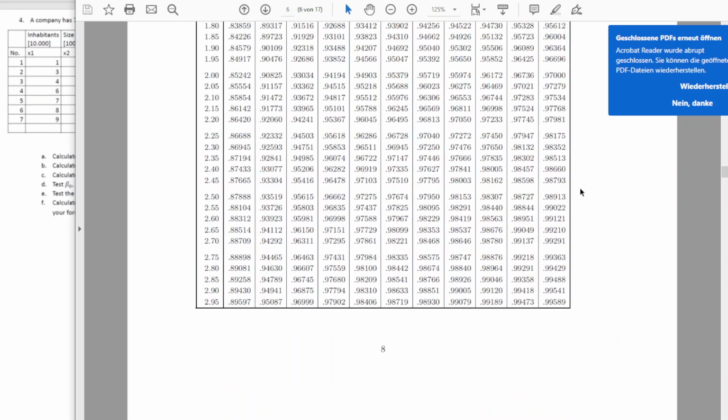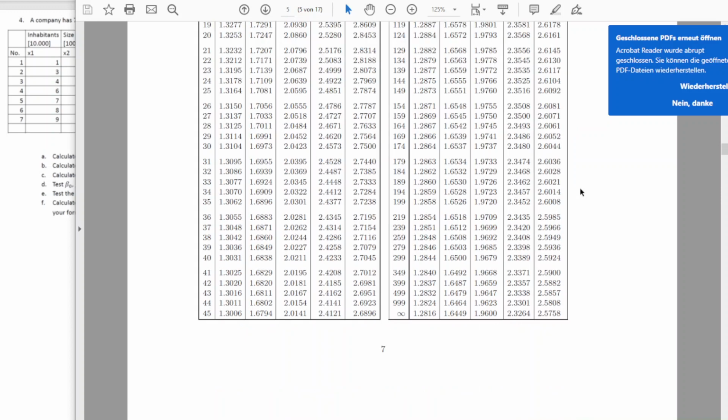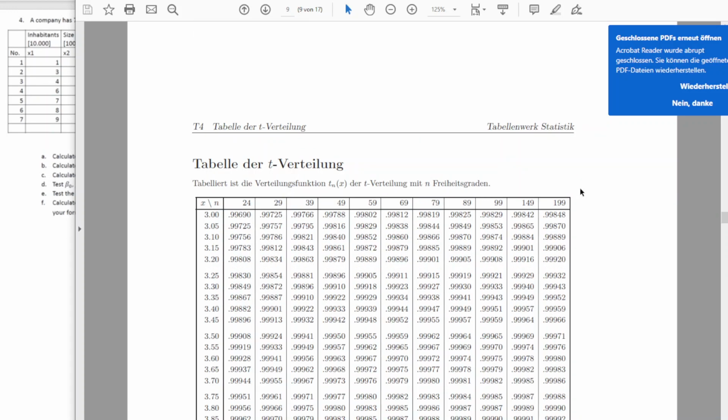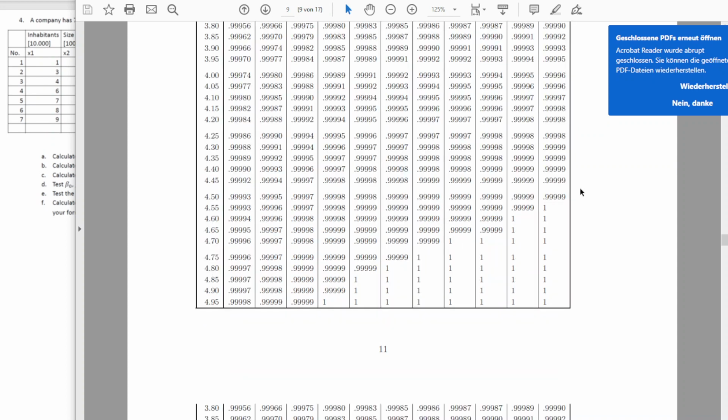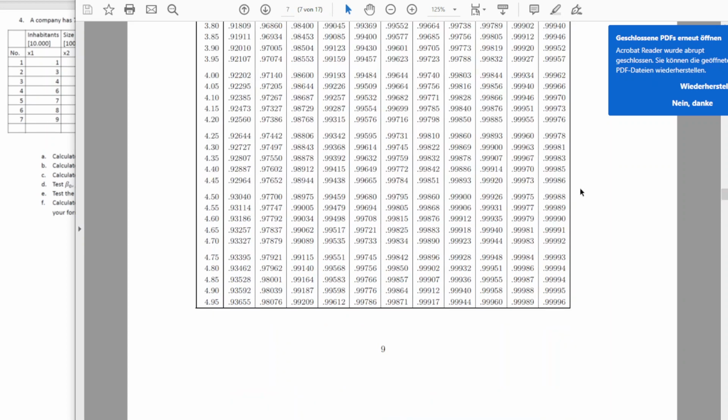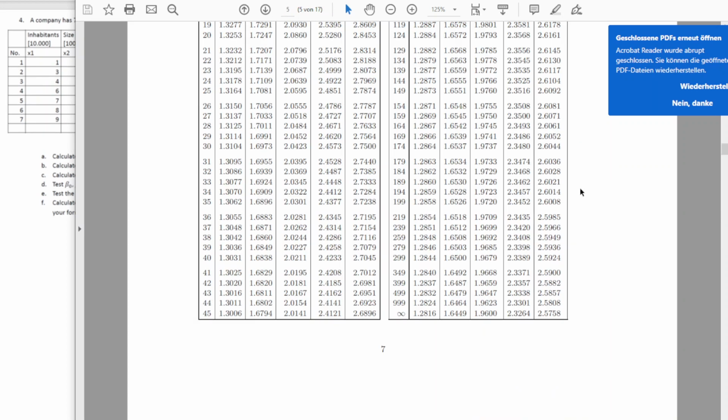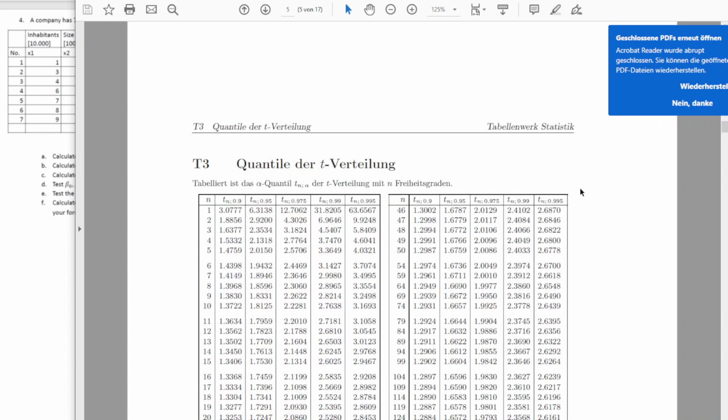So, and with this, we can go into our t-distribution table. Here we are. So n is 7 minus k plus 1.